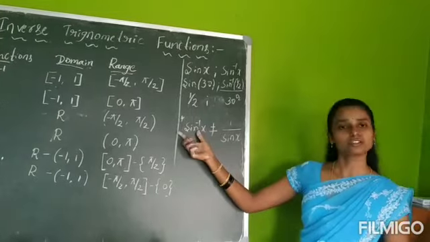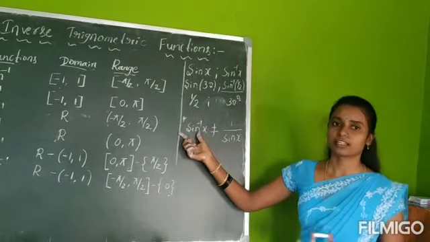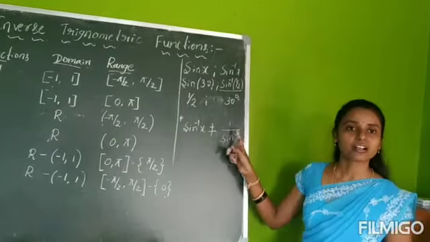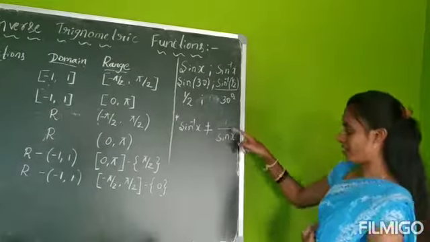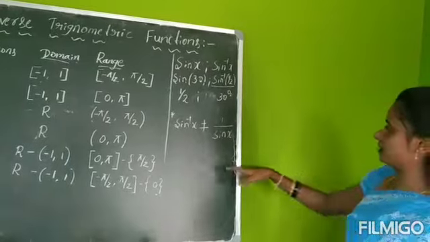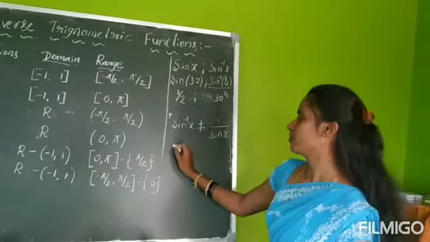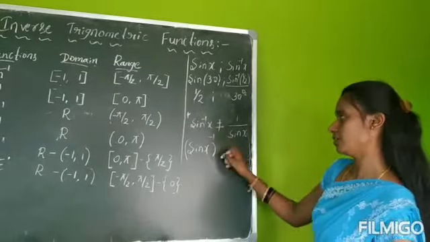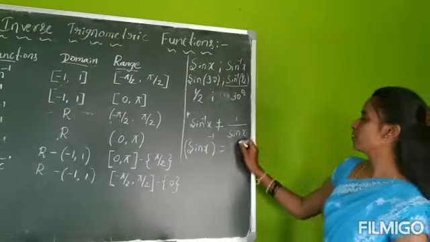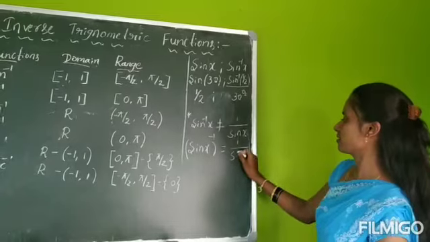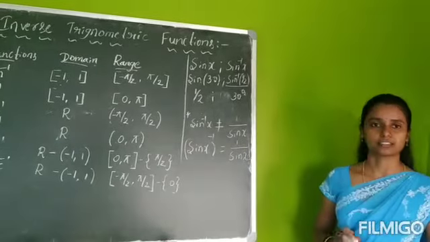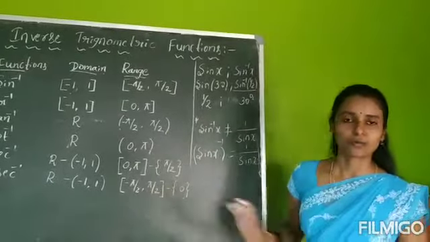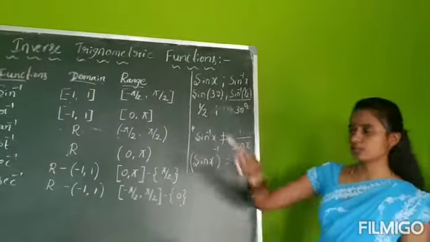Inverse of a trigonometric function is different. This is a function and we can't write it as 1 divided by sine x. But sine x all inverse, that can be written as 1 divided by sine x.